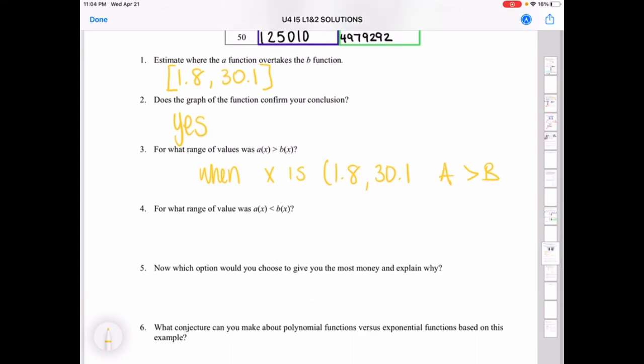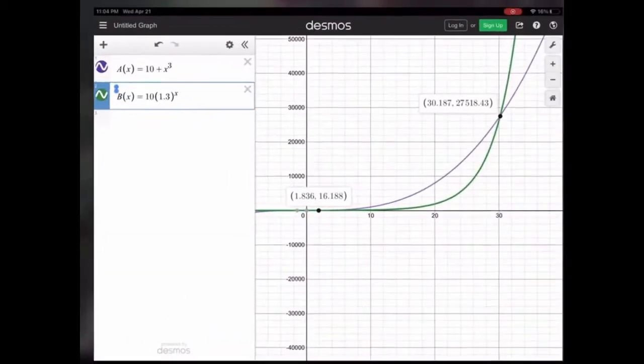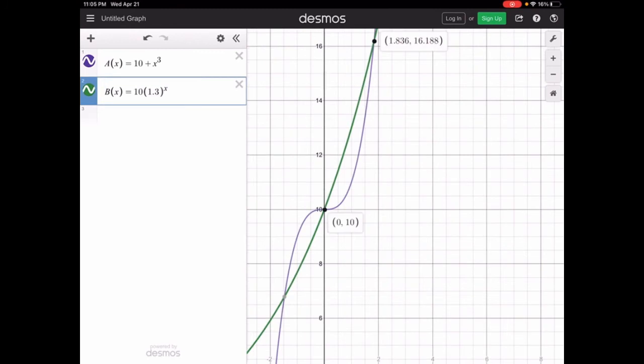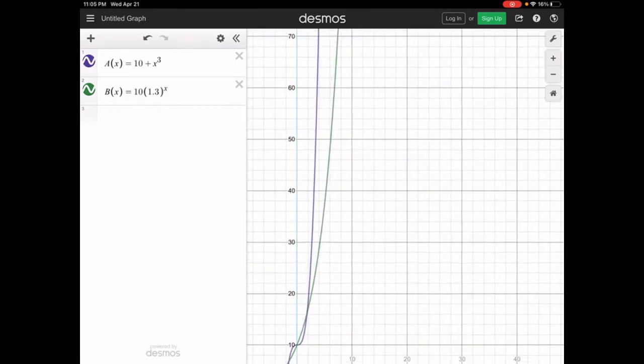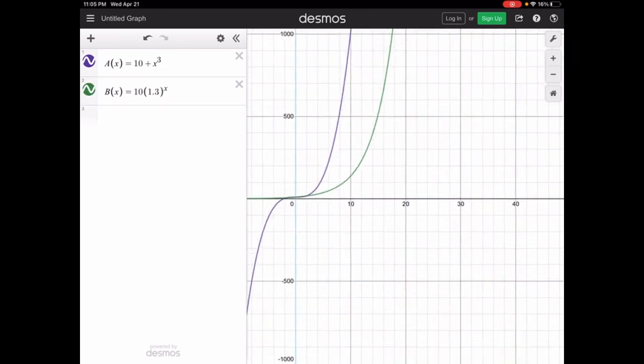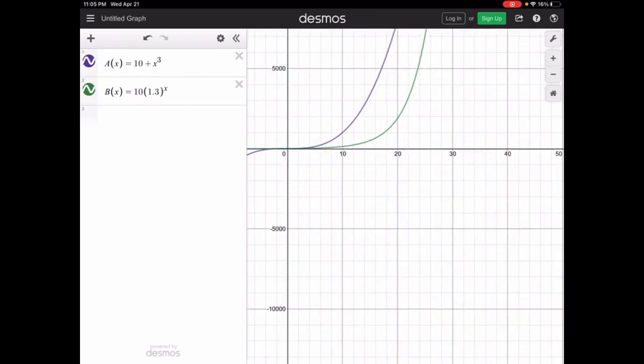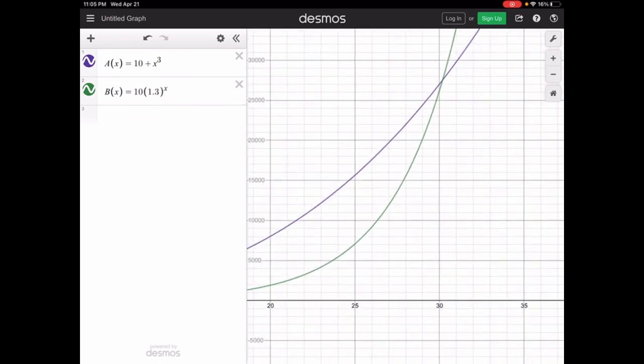For the range that the value of A was less than B, well, that's the opposite, right? So when x is from 0 to 1.8, you see that your B value is greater. Then we determined that that's when A starts increasing. And then after all this scrolling to find our next intersection, we saw that B surpasses A again at this exact point.